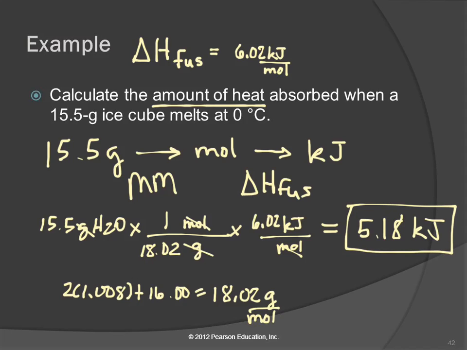So if you want to melt a 15.5 gram ice cube, you need 5.18 kilojoules of energy to do that. This just doesn't sound super practical, does it? But there are many situations, like if you're designing a car or doing various industrial processes, where these sorts of calculations can be important. Any questions?